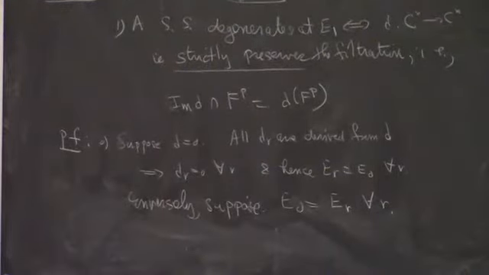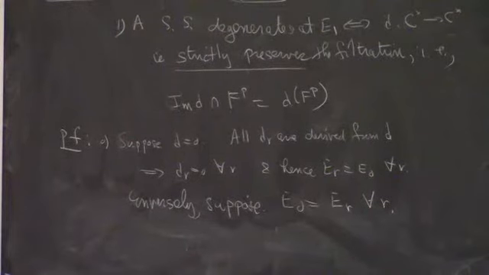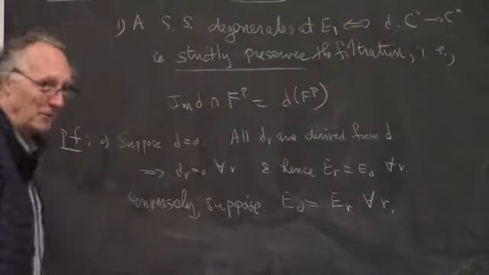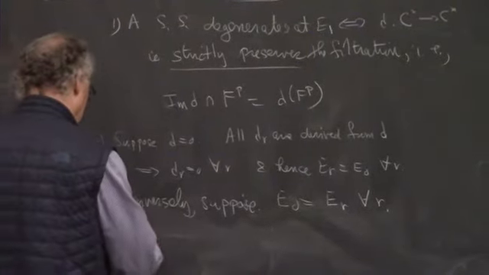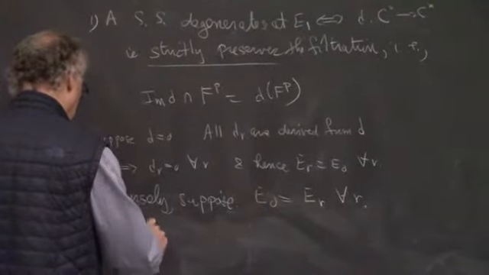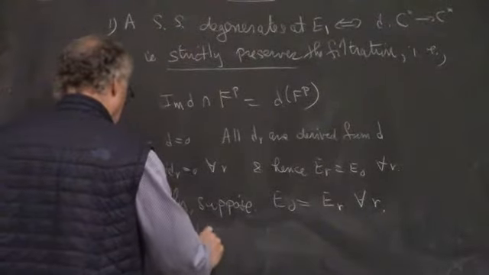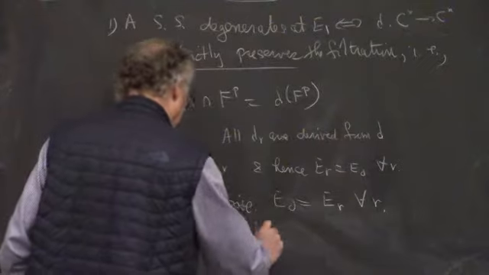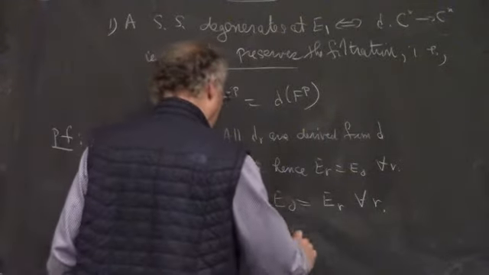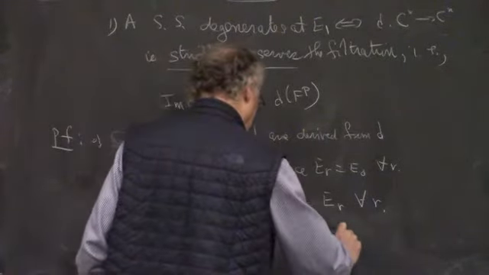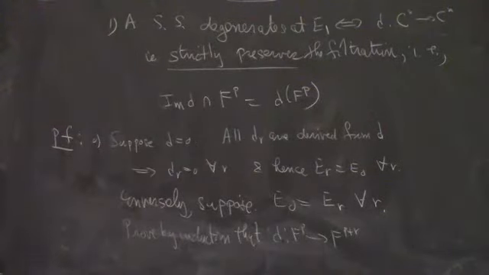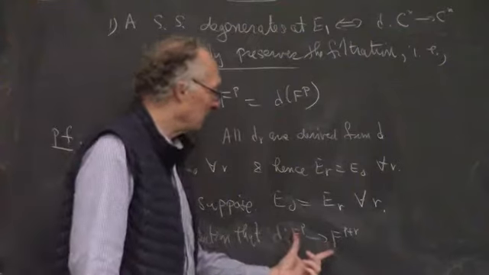So E naught is equal to E infinity, or it's equal to ER for all R. I'm going to prove by induction that D maps FP into FP plus R. And now this will imply the result.